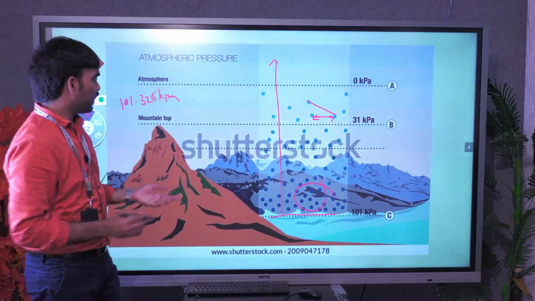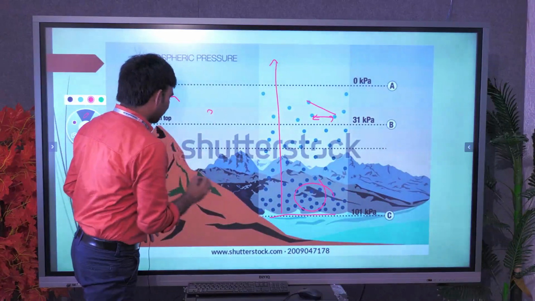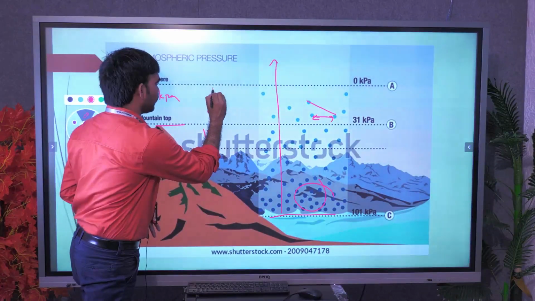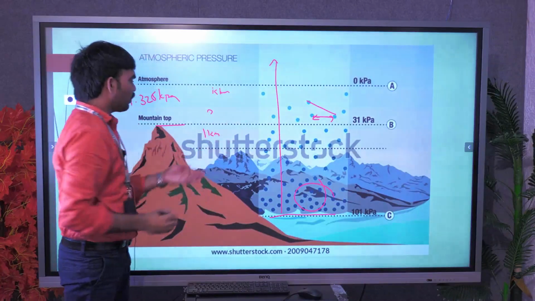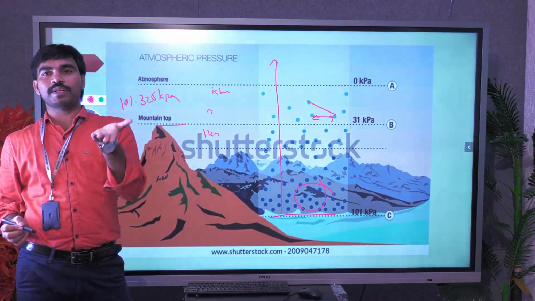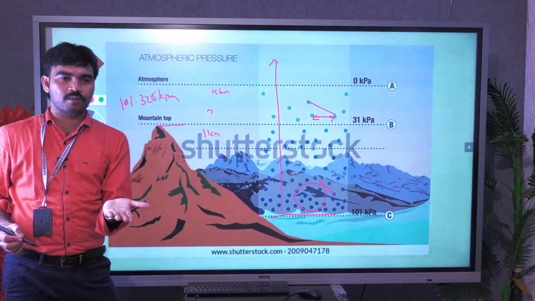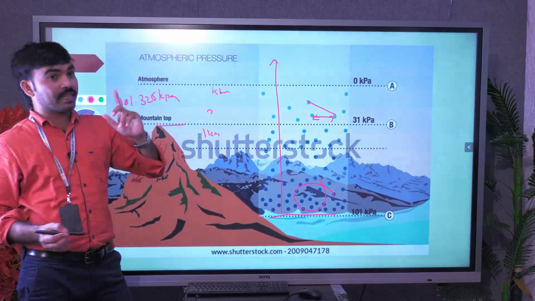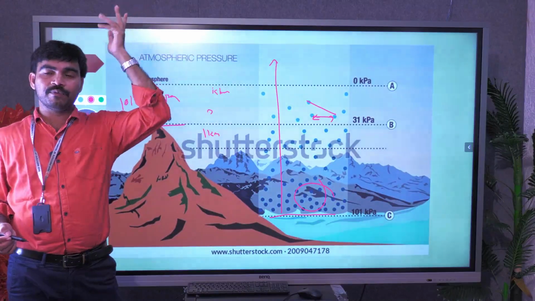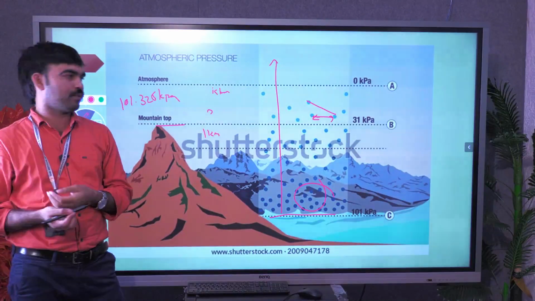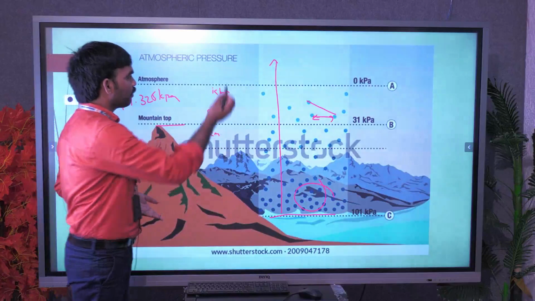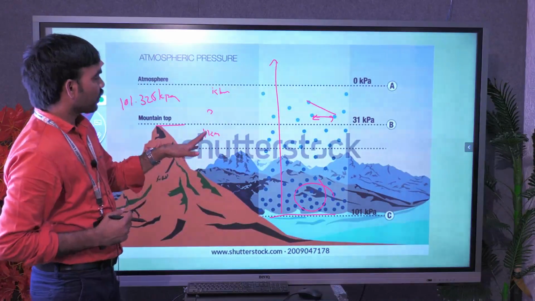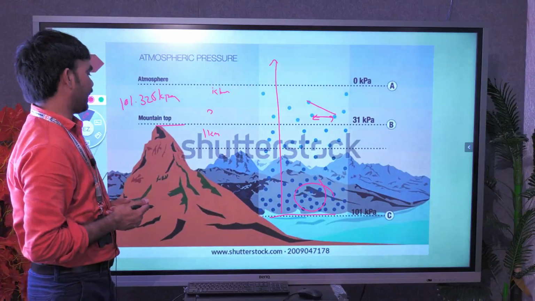So for example, say this mountain is 1 kilometer above and this is 15 kilometers. The pressure at 1 kilometer above the ground will be more than the pressure at 15 kilometers above the ground. So if you go up, the pressure intensity will reduce. This is majorly because of the molecular attraction.